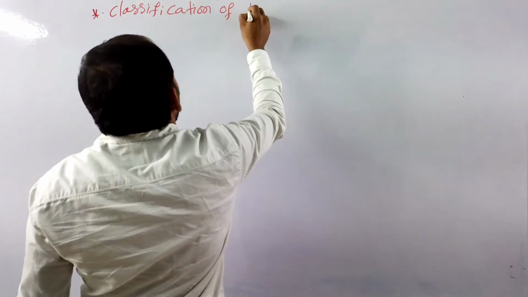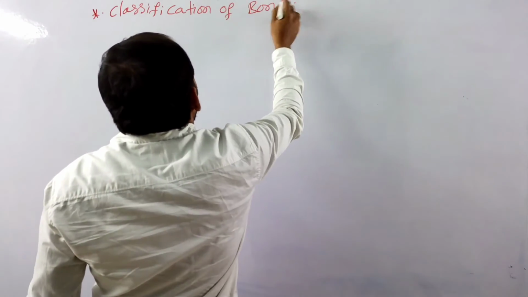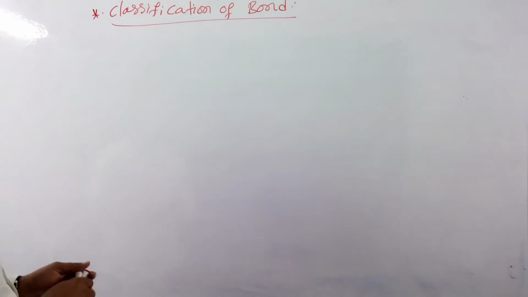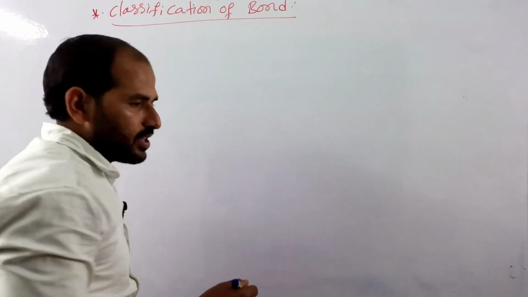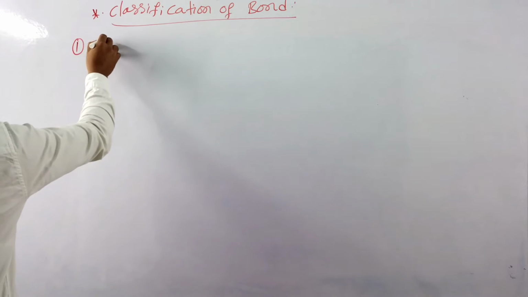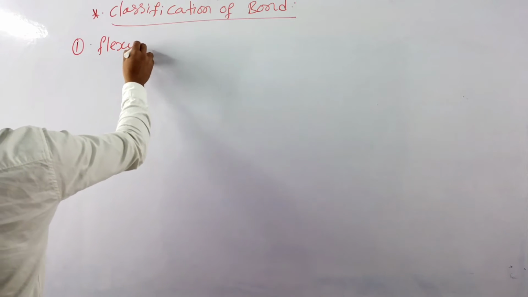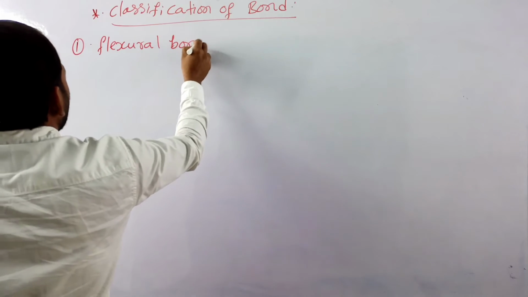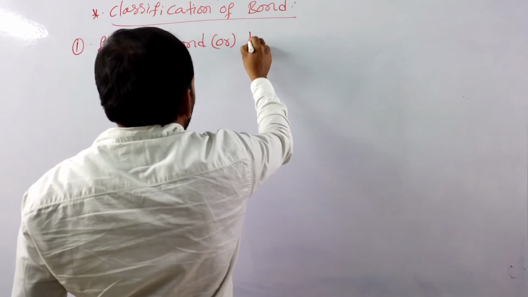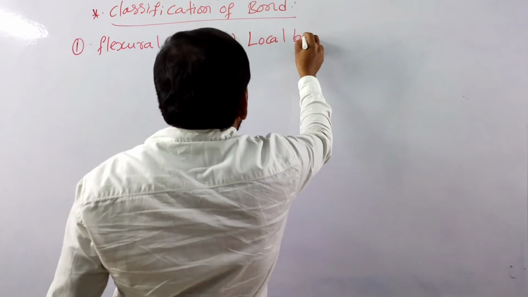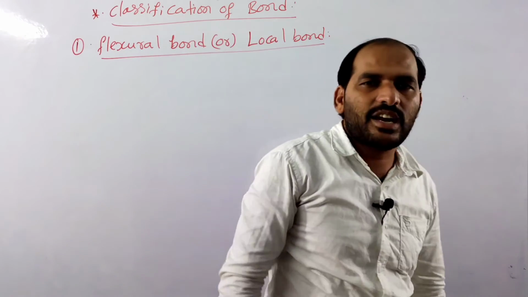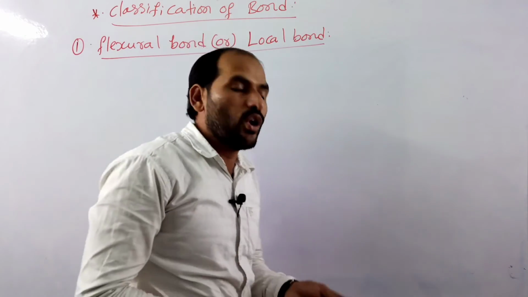So classification of bond. It is classified into two types. Number one is flexural bond. It is also known as local bond.